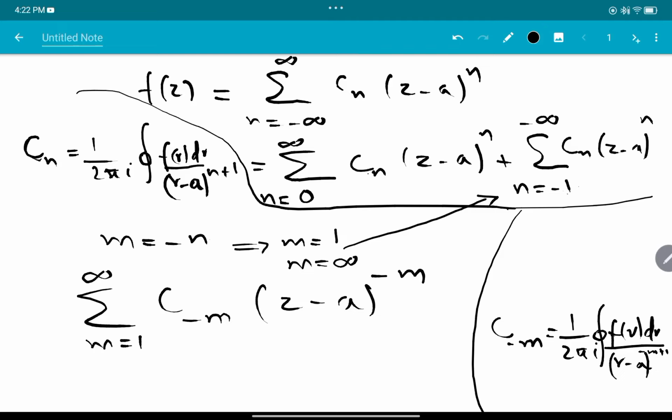So the two expressions will now be slightly different. The difference will be in this power here.